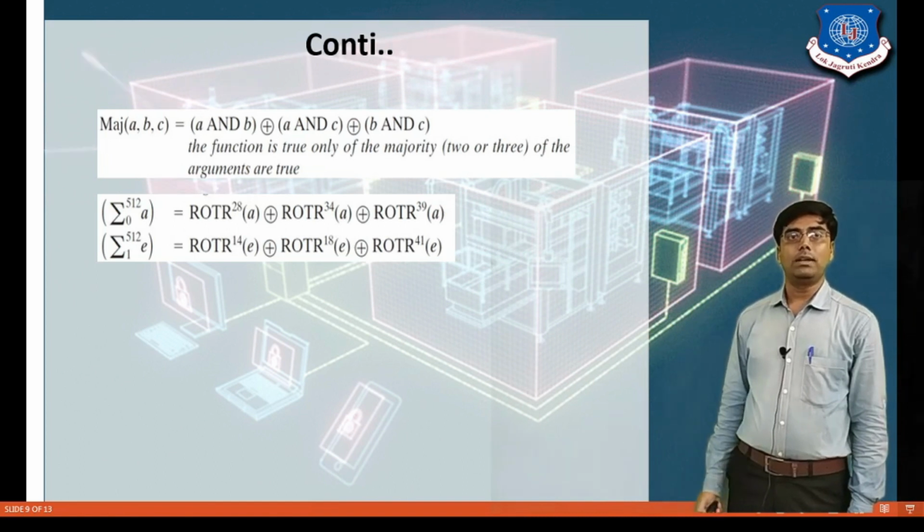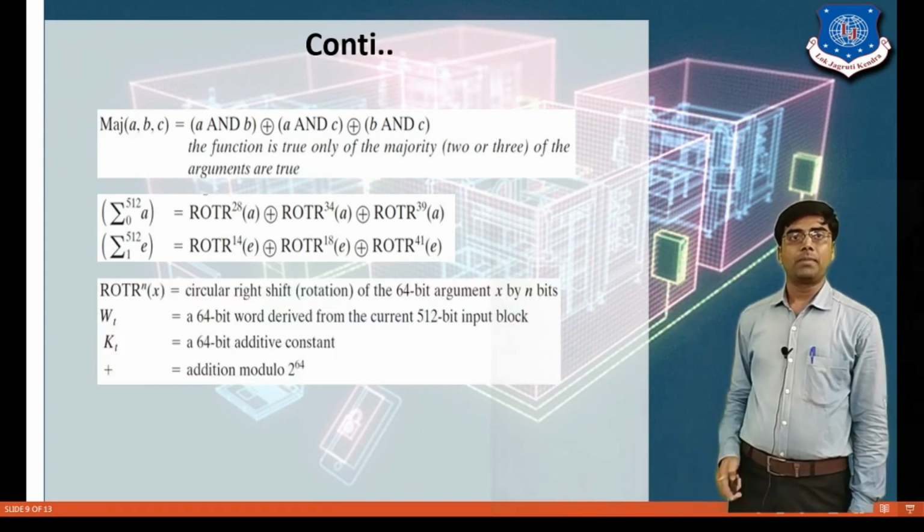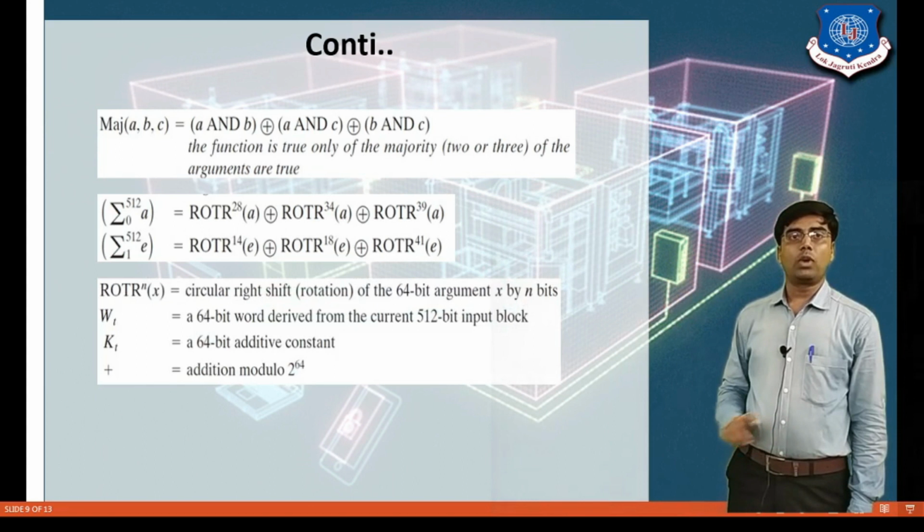The same formula is for sigma 1 512, and this is for buffer E. I hope this idea is clear.